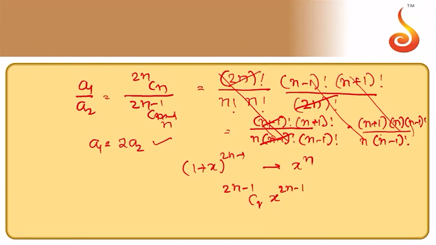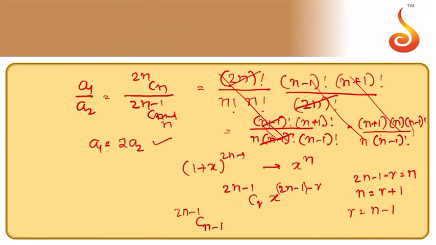I'll explain here. (1 plus x) to the power 2n minus 1. You want the x to the power n coefficient. So what happens? This one is 2n minus 1 Cr, x to the power r, so 2n minus 1 minus r is equal to n.